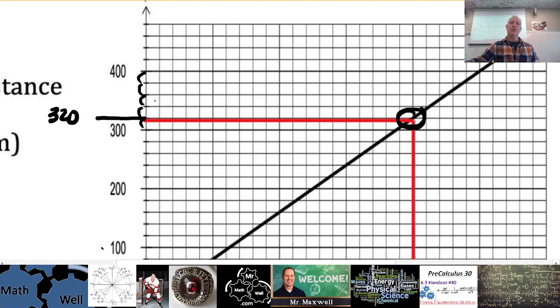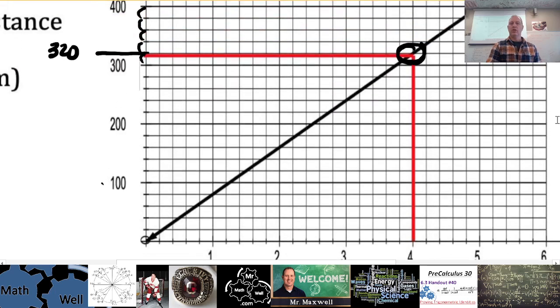Now what we do is we go straight across. You'll see this red line, and we follow that straight across until we get to the actual line of the graph, and then we stop. Then you drop a line straight down and see where it intercepts the x-axis, where the x value is that is associated with this 320.